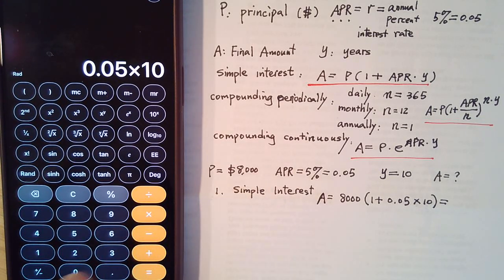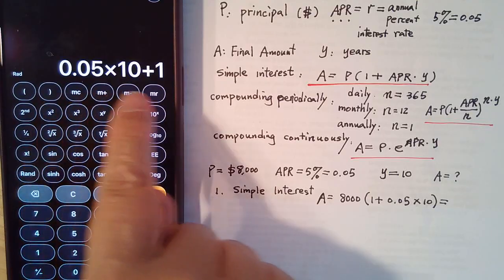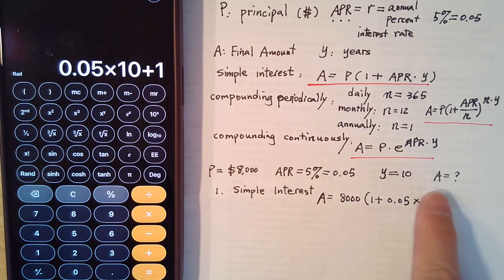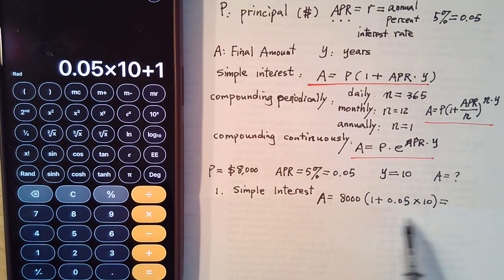The good thing for this new updated system, you don't have to hit equal. You just keep going. You plus 1. And then make sure that you watch this line to make sure that they're doing the right thing. So that's this part. And because there's a parenthesis, you are going to hit equal now. You need to hit equal so you can get what is inside the parenthesis.